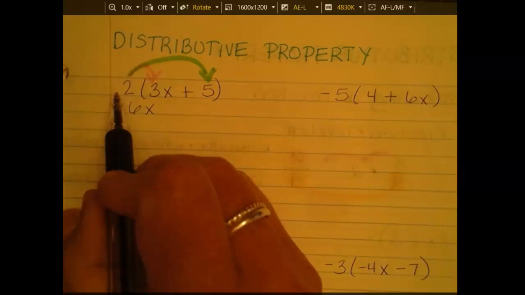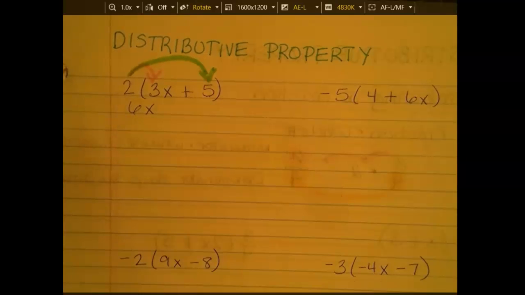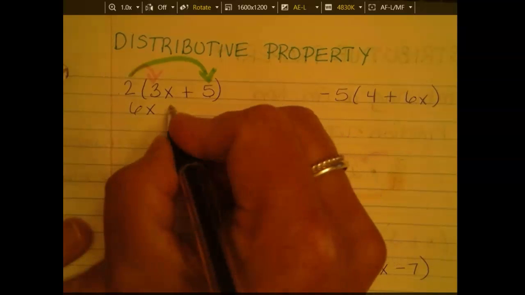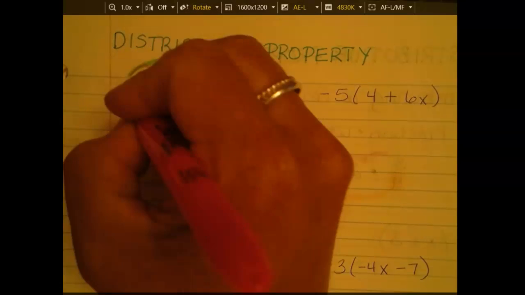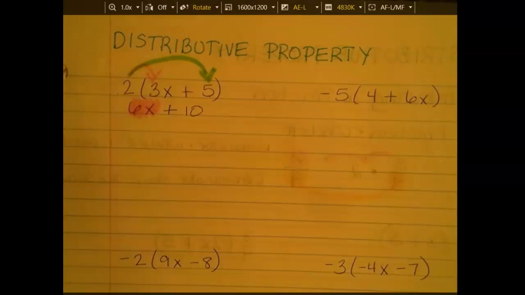Positive 2 times positive 5, it's just 2 times 5 is 10. It's positive, so we put a plus in between and the 10. So 6x was the answer to our first distribution, and positive 10 was the answer to our second distribution.